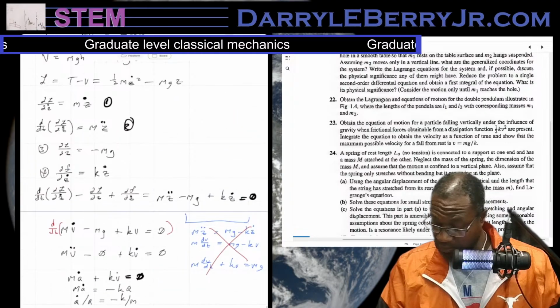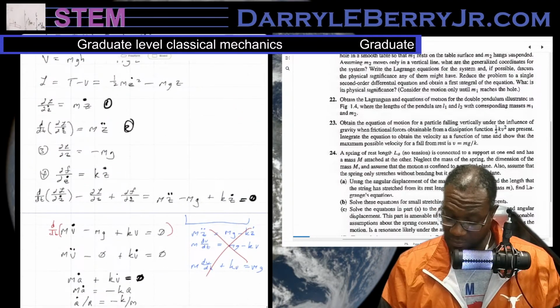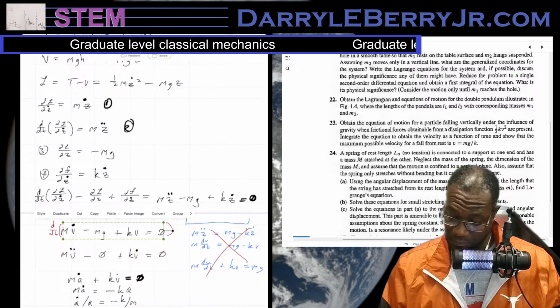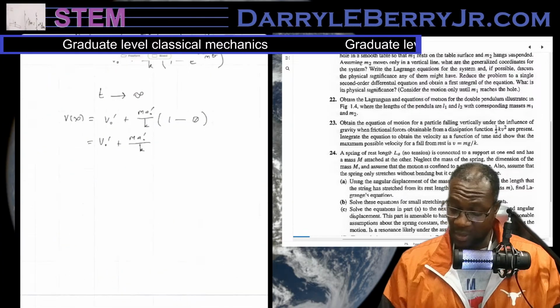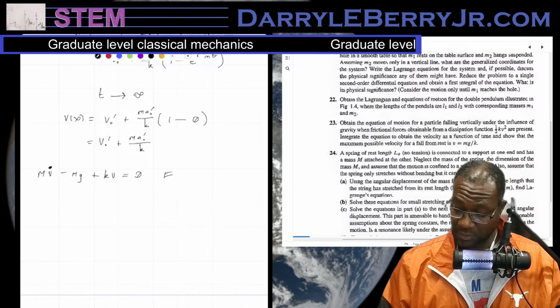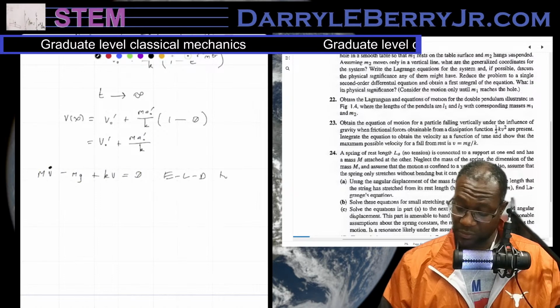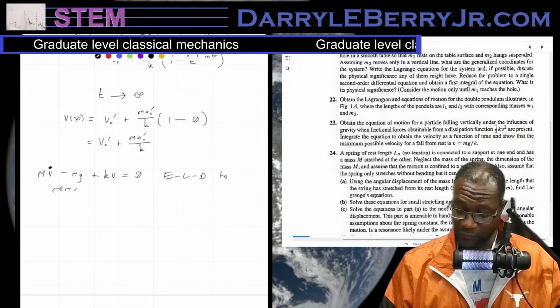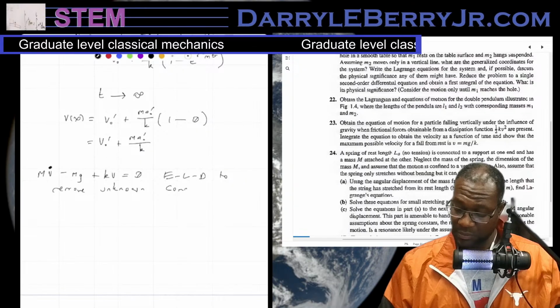Actually, didn't I already make this v? Yes, I did right here. So we go into the original Euler-Lagrange, ELD, to remove unknown constants.